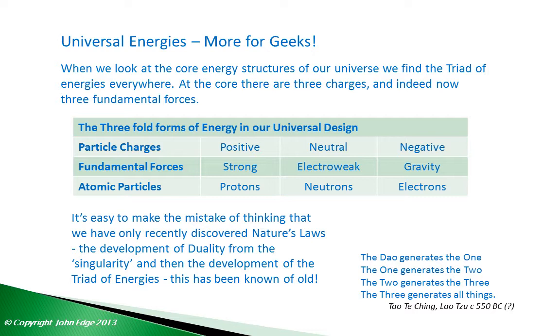And what about this quote from the Tao Te Ching by Lao Tzu of 500 BC or so? The Tao generates the one, the one generates the two, the two generates the three, and the 3 generates all things. Well, there it is, 2,500 years ago. Fascinating, isn't it?